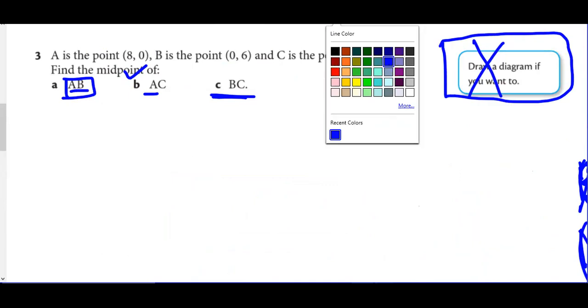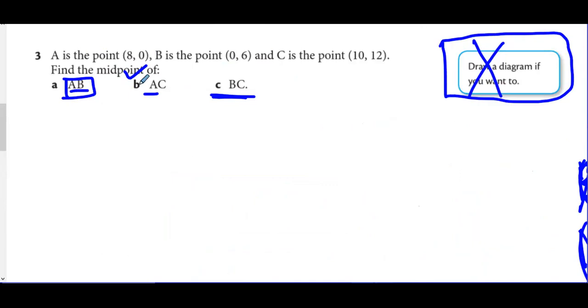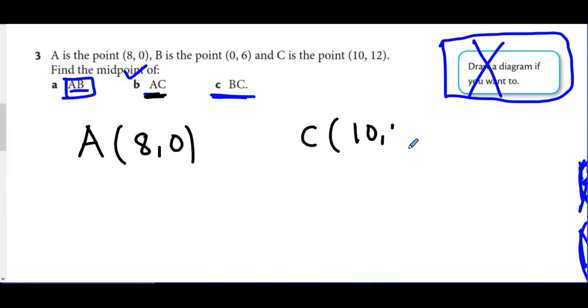Now, how do we find the midpoint of the line connecting A to C? So what are you going to do? Take point A, put it here, 8, 0. This is A to C, and then take this point, put it there, 10, 12. Do you remember the formula for the midpoint? I hope you said yes.